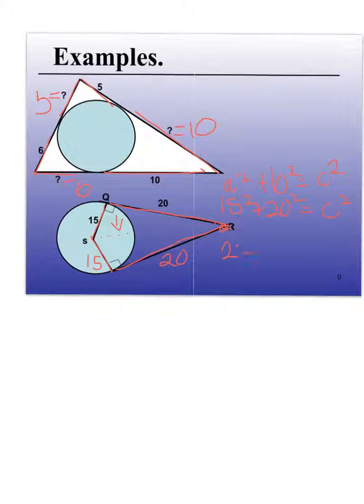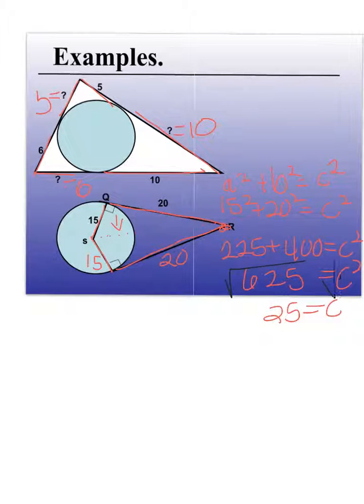So 225 plus 400 is equal to c squared. That means c is equal to 25 because we have to take the square root of both sides in order to reverse the process of squaring a number.